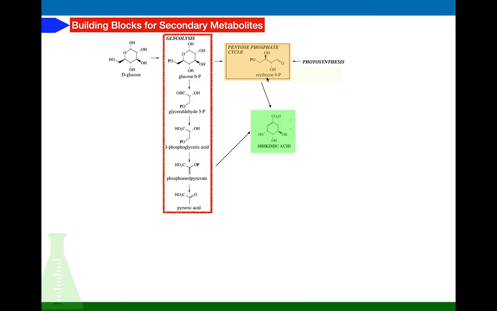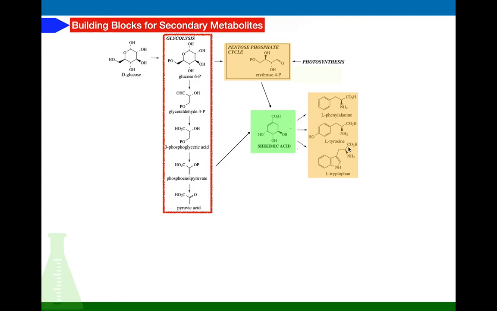For example, erythrose 4-phosphate in combination with phosphoenol pyruvate gives rise to a very important chemical substance known as shikimic acid, which goes towards the formation of amino acids like phenylalanine, tyrosine, and tryptophan. All of these three amino acids are important substances with respect to the biosynthesis of natural products.